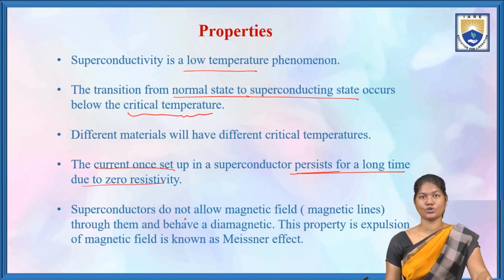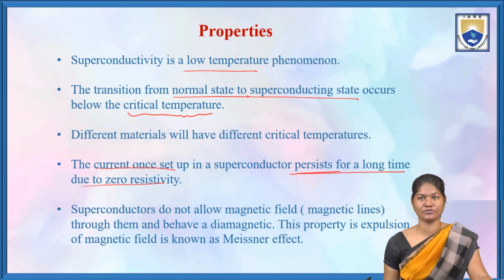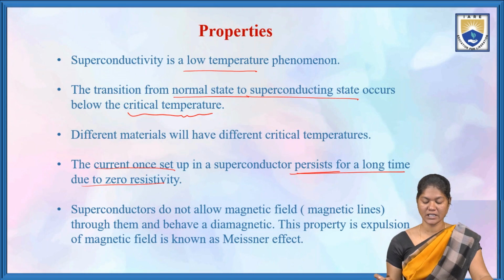Superconductors do not allow magnetic field through them and behave as a diamagnetic material. They do not allow the magnetic lines of force through them, so they behave as a diamagnetic material.